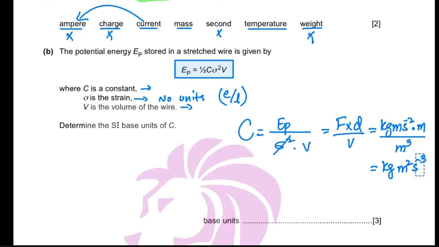When I bring m up, m² and m⁻³ will become kg m⁻¹ s⁻². So kg m⁻¹ s⁻². Are you getting the point? Yes or no?